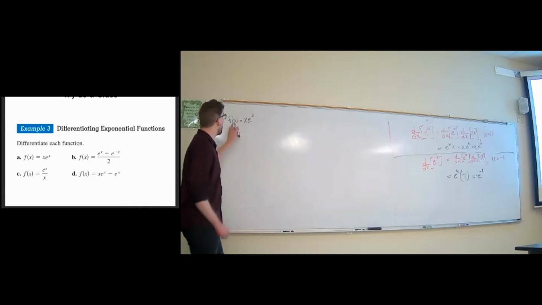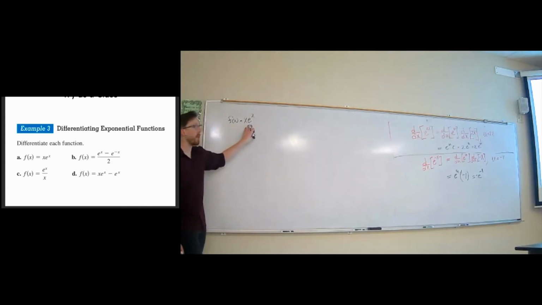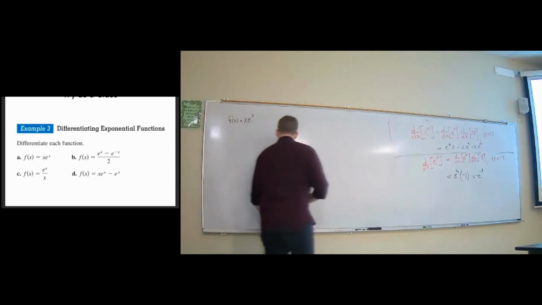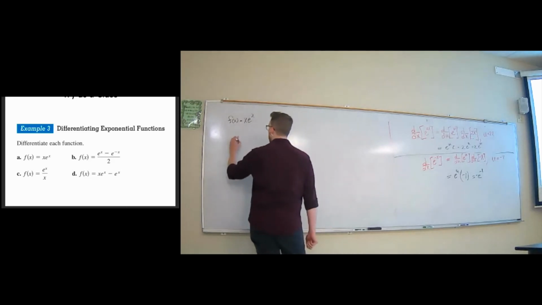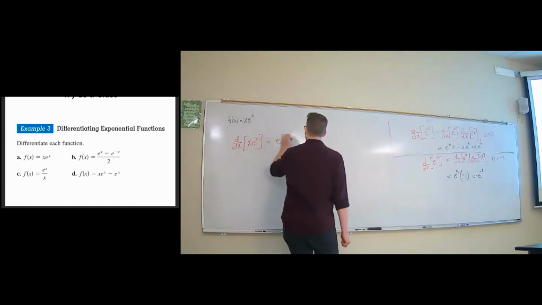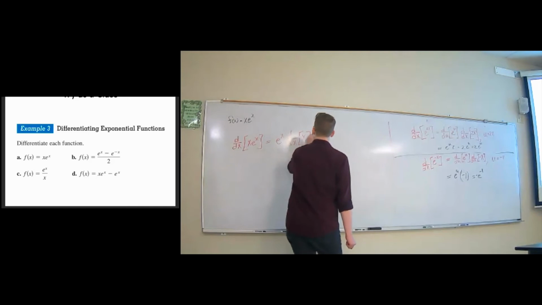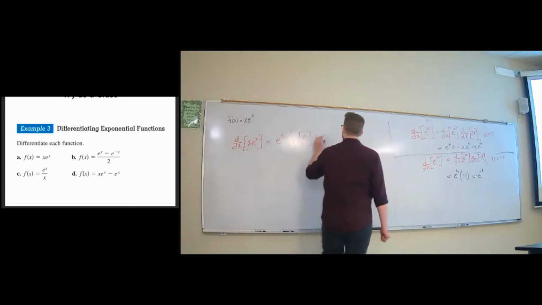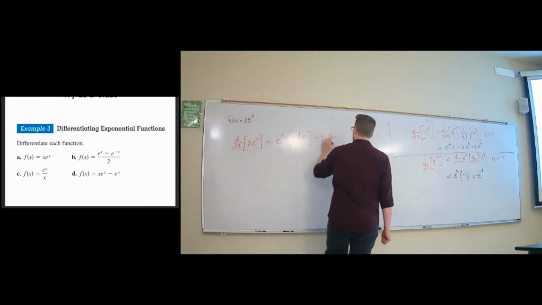But what we're going to do is apply the product rule here, right? When we do that, we say, all right, cool. The derivative of x e to the x is equal to e to the x times the derivative of x plus x times the derivative of e to the x.